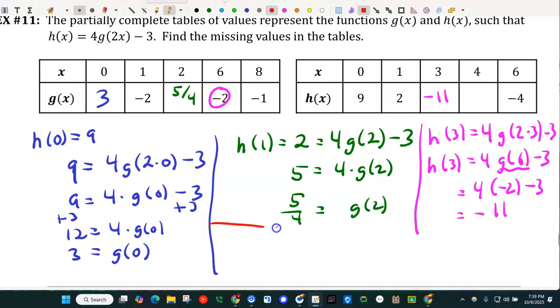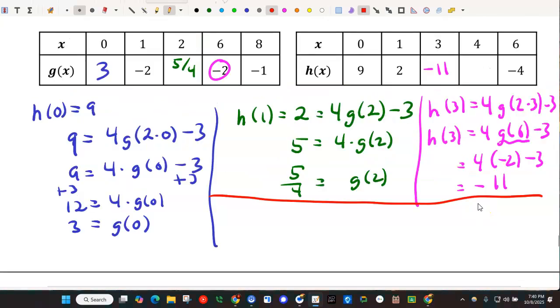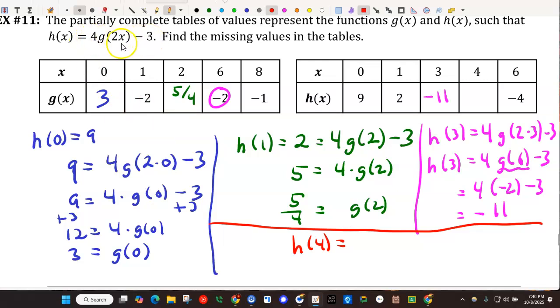All right, and if you haven't already, try one of these on your own. Do the last one on your own, see if you can put it together. All right, so we're going to do the same idea as this one. I'm going to use h of 4 this time. Don't know what it is, so I'm just plugging 4 into here.